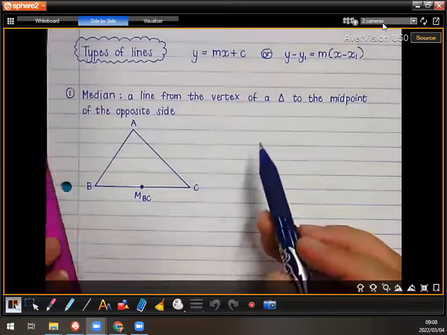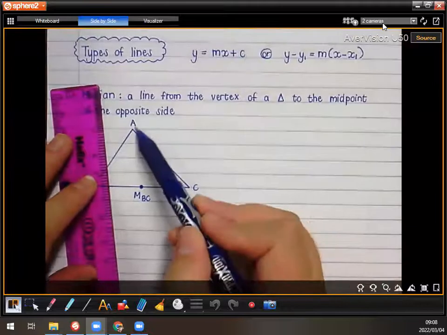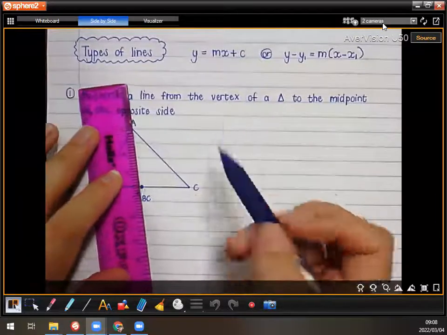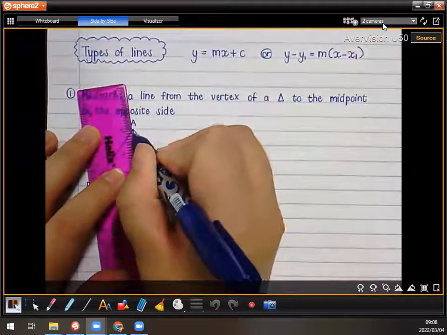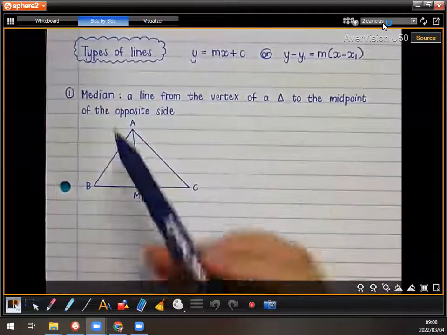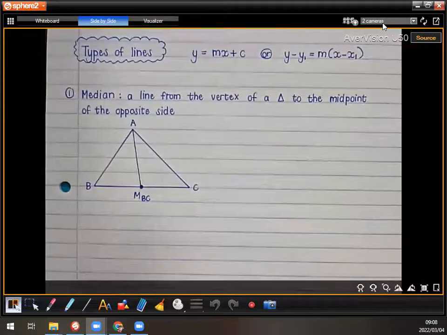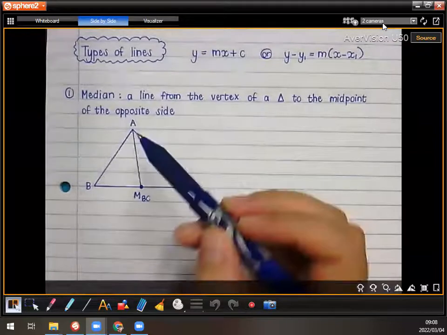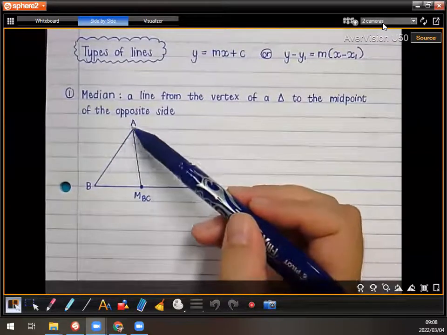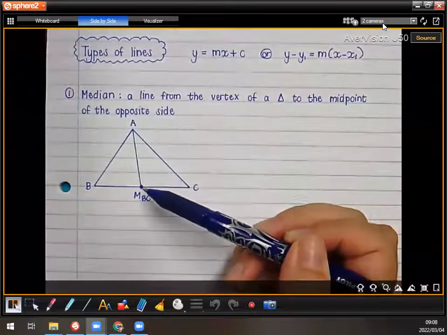And then the median will go from vertex A to that midpoint of the opposite side, right? From point A, the opposite side is BC. So if they're asking you to find the equation of the median from vertex A, right, then you need to think, okay, if the vertex is A, the opposite side is going to have to be BC.